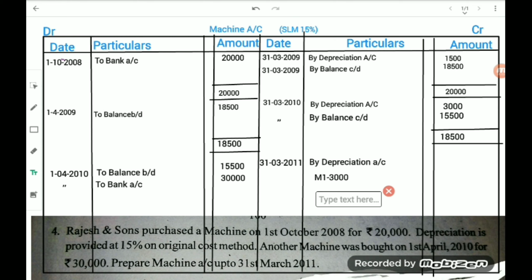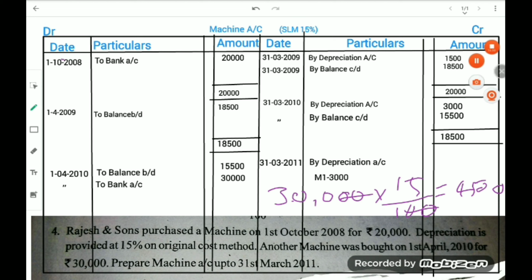Next we need to calculate machine 2's depreciation. Machine 2 is purchased for 30,000, and on 1st April it is purchased, so we calculate the full depreciation. 30,000 into 15 by 100. 2 zeros cancel, 15 threes are 45, and these 2 zeros, so 4,500 depreciation for machine 2.